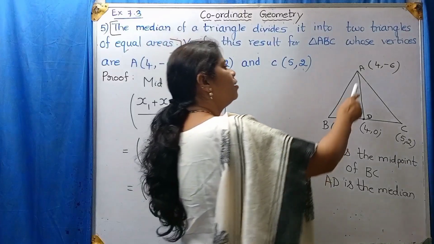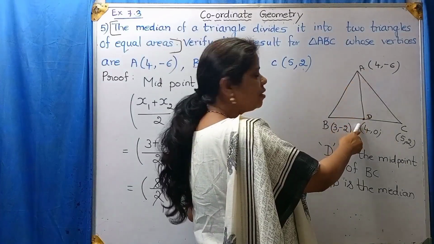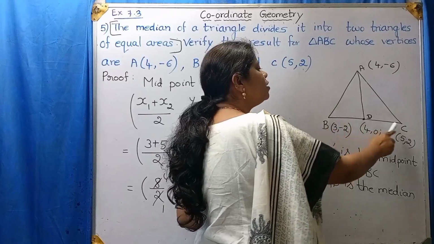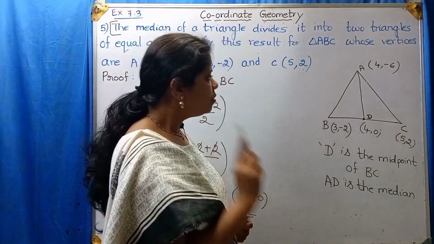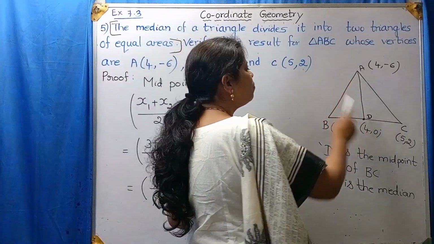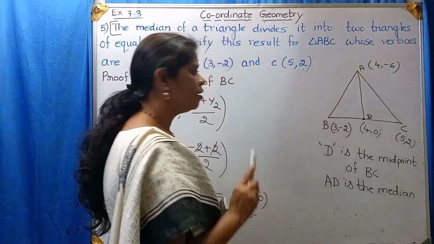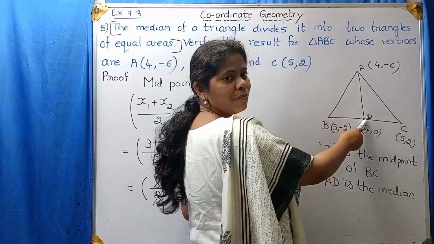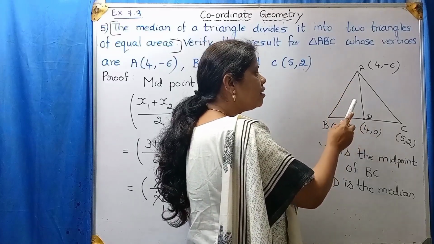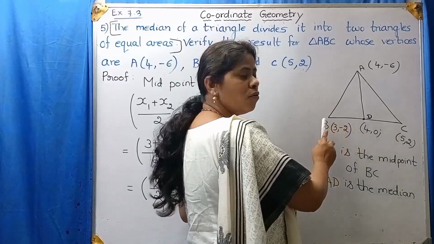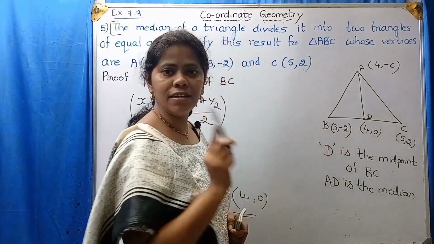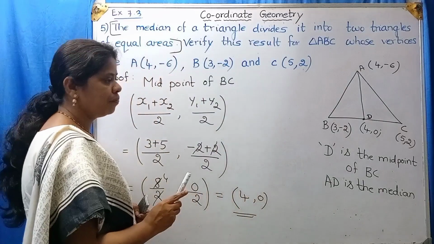Because AD is the line segment which connects the midpoint of the opposite side BC. Let me repeat this sentence. Here, AD is the line segment which is connecting the midpoint of the opposite side BC. Therefore, we can say that AD is the median.